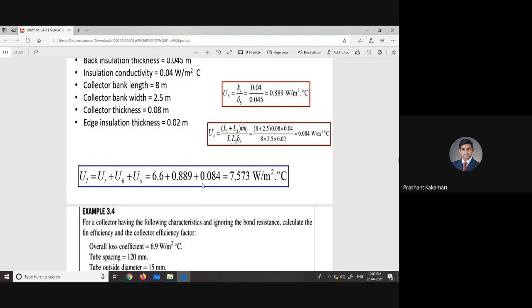The side loss coefficient is 0.084. Once you add all these, it is very simple. The final overall loss coefficient is 7.573 watt per meter square degree centigrade. So please check the answers, whether they are correct or any mistakes are there.